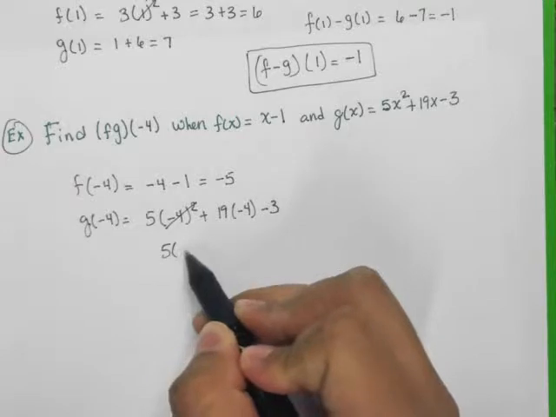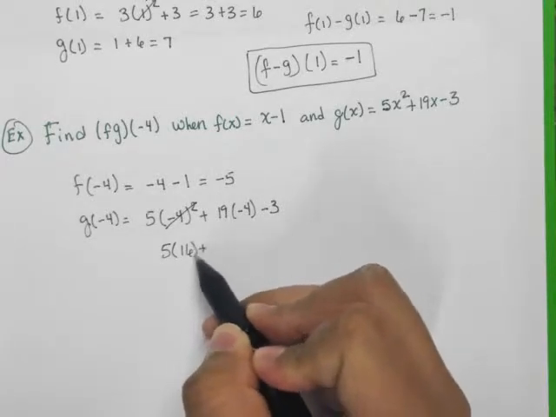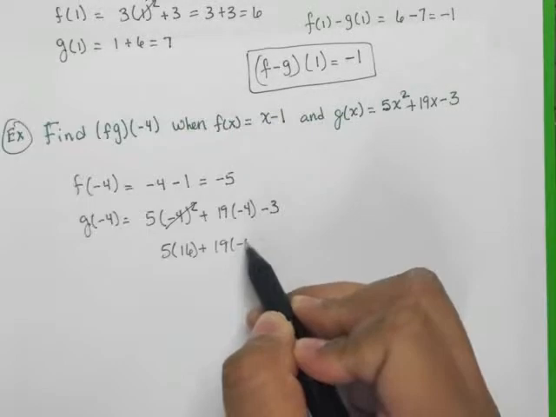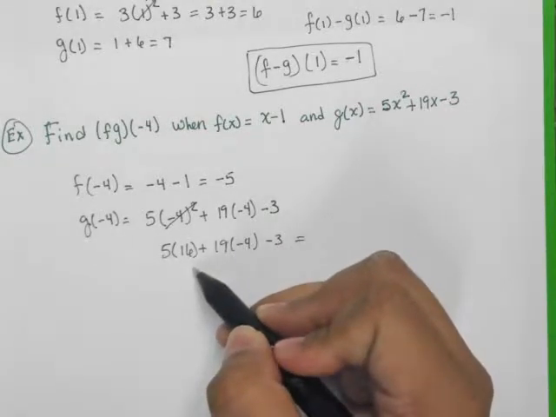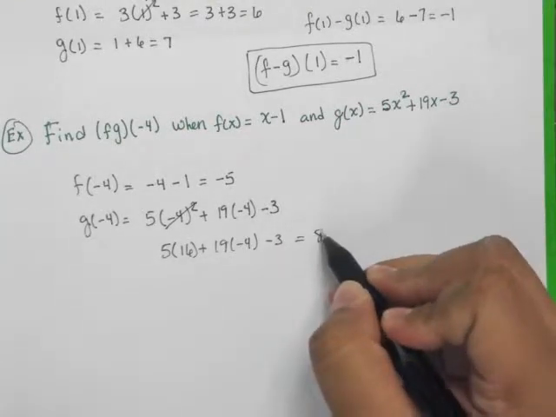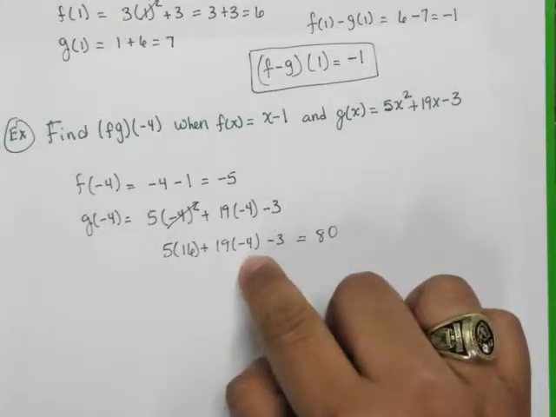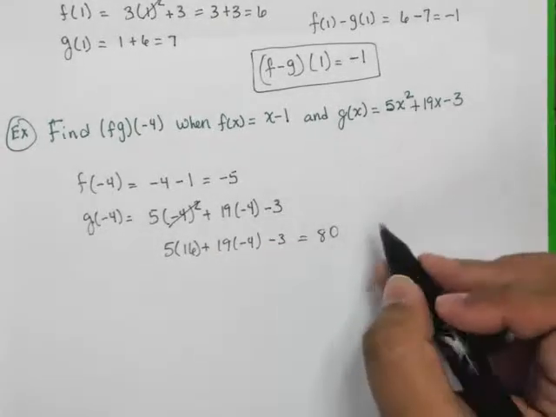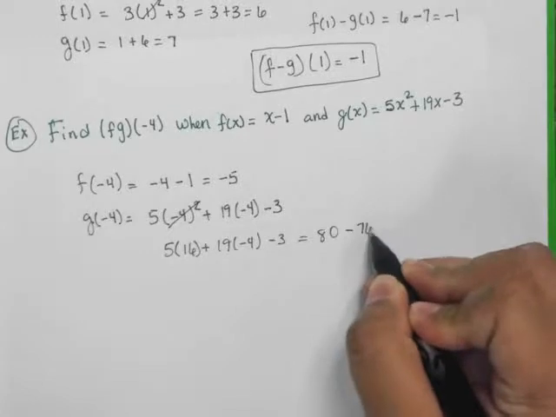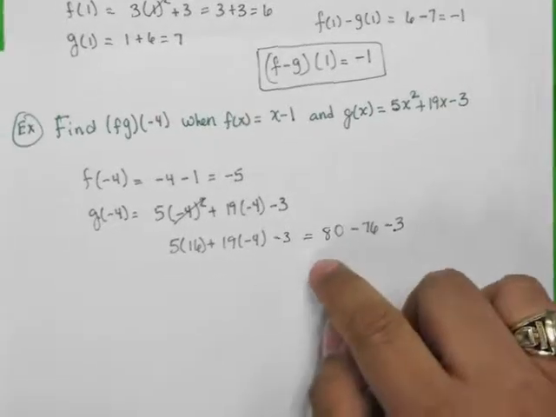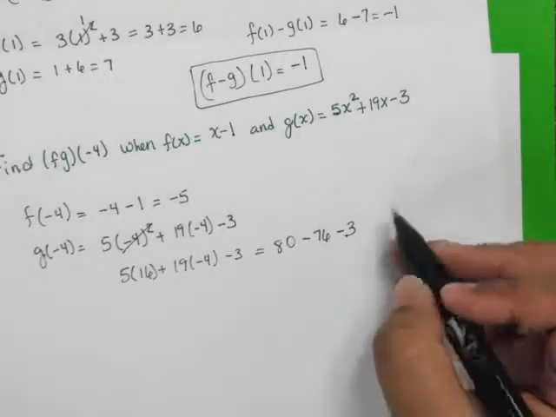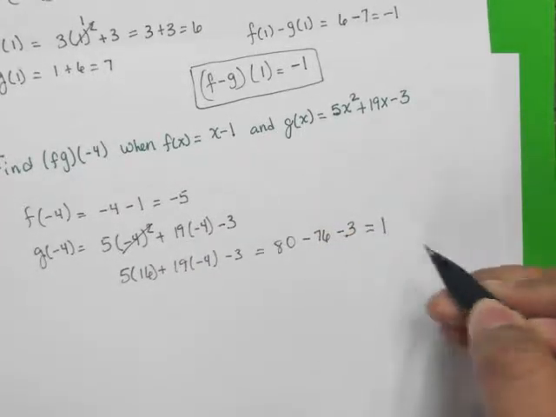So we have 5 times 16 plus 19 times negative 4 and then minus 3. 5 times 16 we can multiply and we get 80. 19 times negative 4 we multiply and we get negative 76. And then of course subtract 3. So when we combine all of this, we get 1.